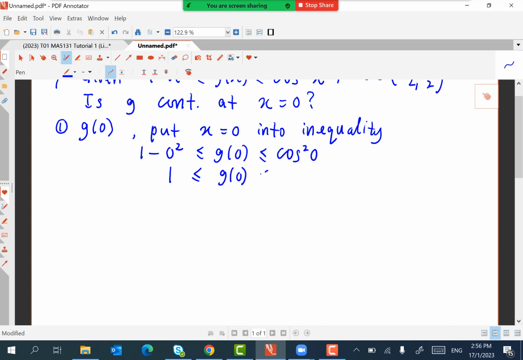We all know that cos 0 is 1, so it becomes 1 squared. So this implies that g(0) is equal to 1, and is therefore well defined.